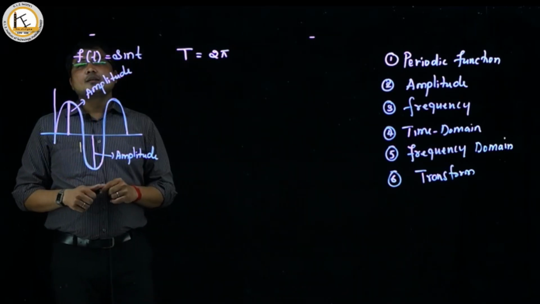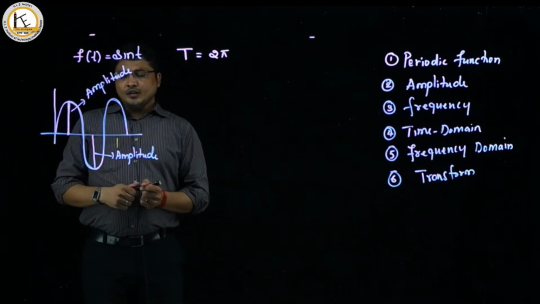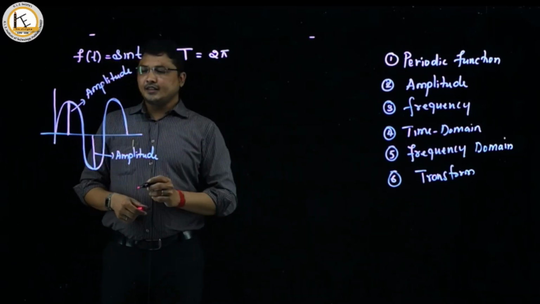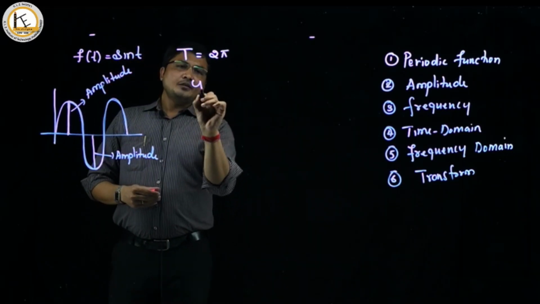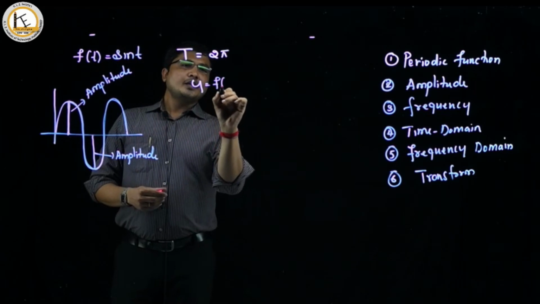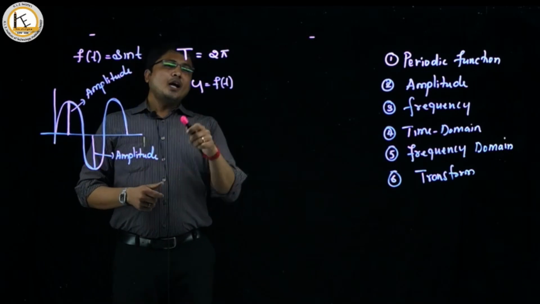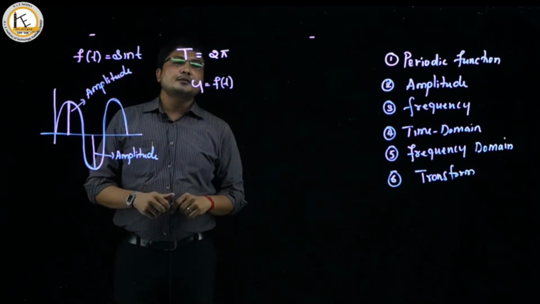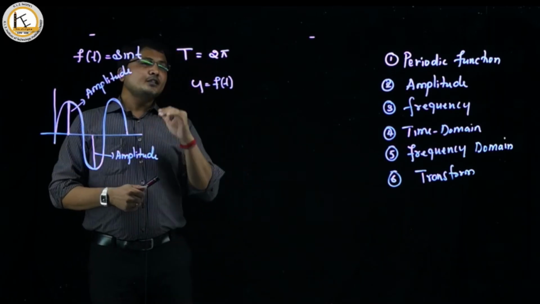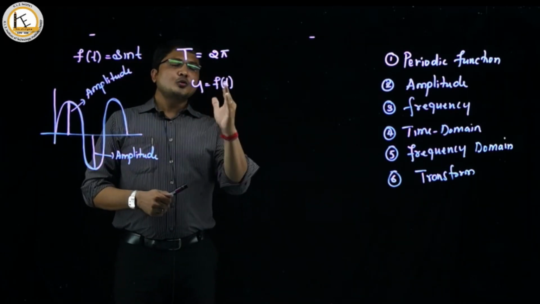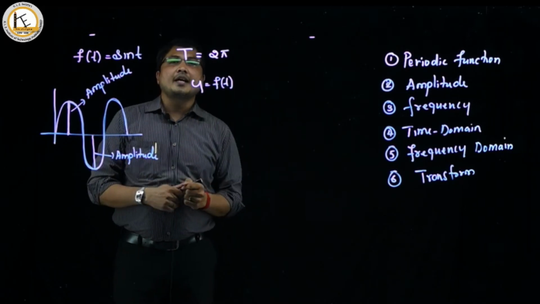What is the meaning of time domain here? I will take an example. When I take a function y is equal to f of t, here the y value changes with respect to time, or the properties of the function y is equal to f of t change with respect to time.